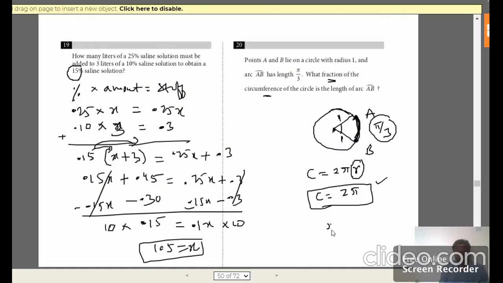So take pi by 3 over the entire circumference, that is 2 pi, or length of arc AB by total circumference of the circle. Pi goes out, and you get 1 over 6. That is the final answer for the final set of questions that we have for the practice maths test 6.